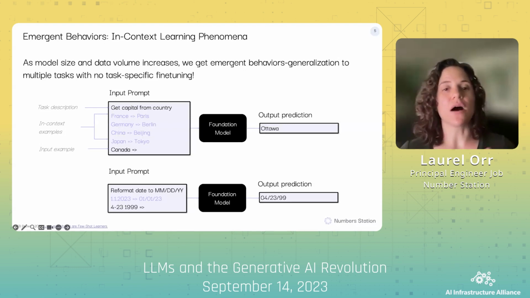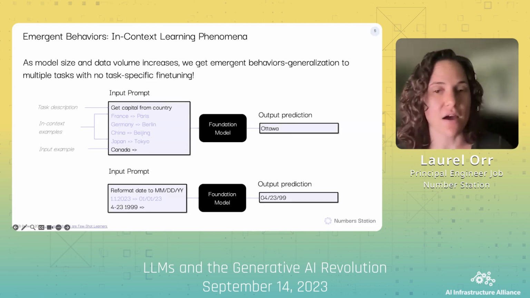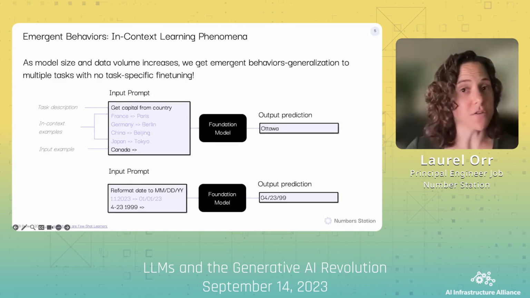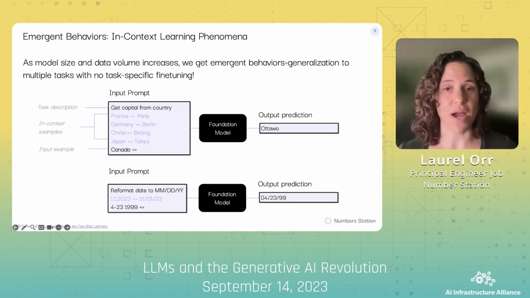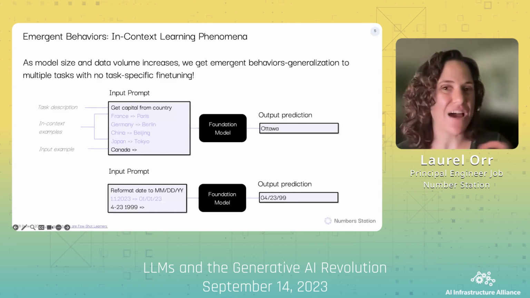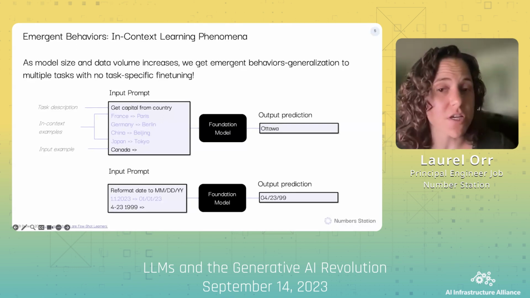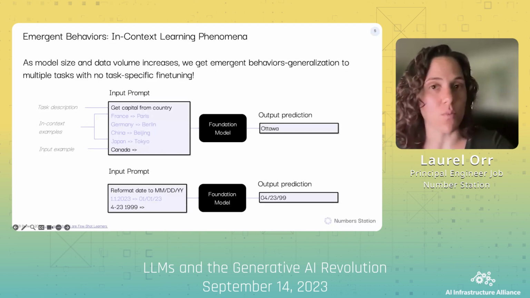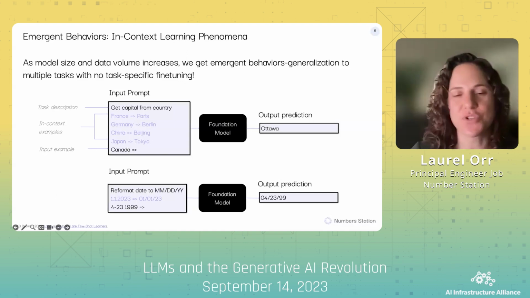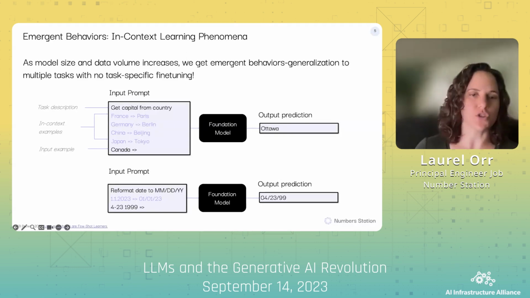For example, I'm going to give you two very separate tasks here that are all done by the same model. Again, these models are trained to spit out text. So I give it a bunch of text, it's going to spit out more. What this means is I can construct what we call a prompt to tell the model what we want it to do. On the top, you have a very simple task, which is predicting the capital from a country.